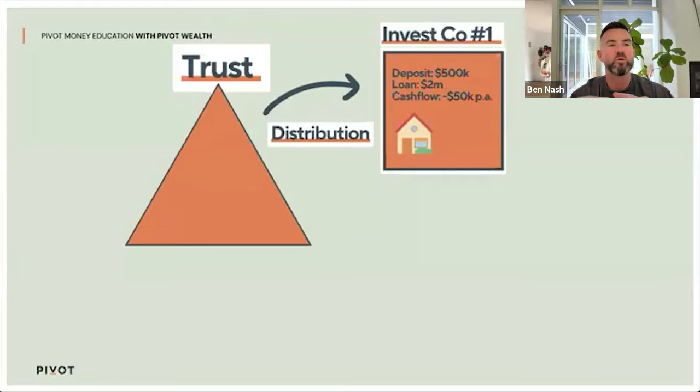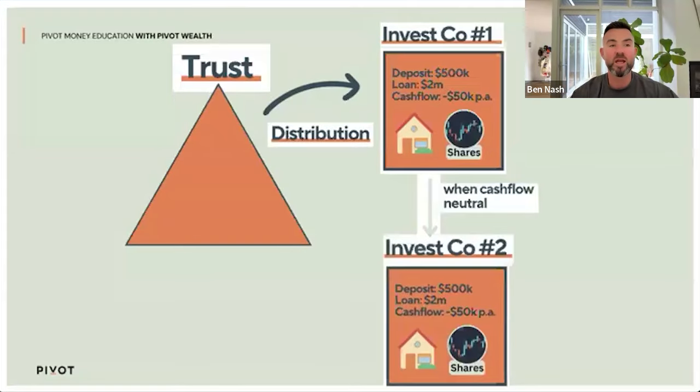Now, what happens when you're borrowing through structures is that once you can build up the income of that structure to neutral, so you can cover that $50,000 shortfall from the property, you can then go again and do it again and again. How you can cover that shortfall is by having other investments in the same company.